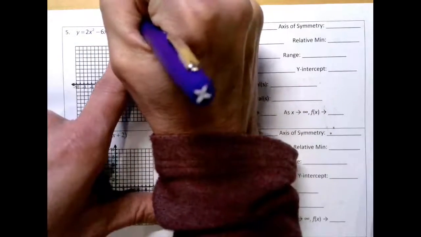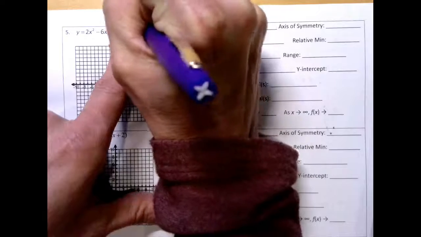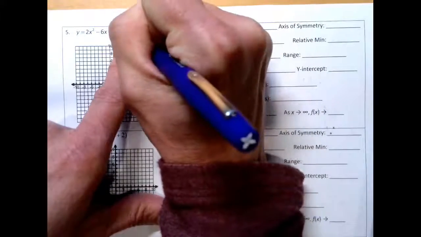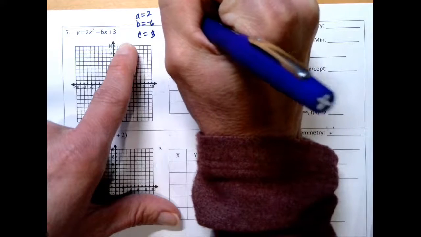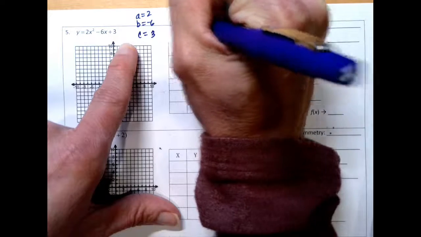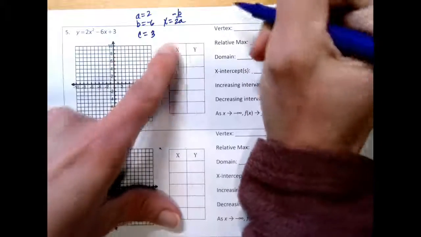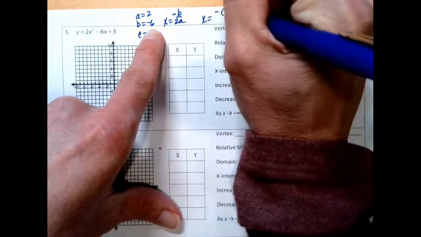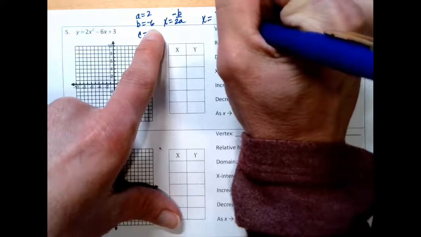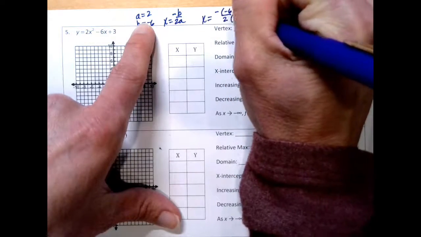So if I have an A value of 2, a B value of negative 6, and a C value of 3, my vertex is equal to negative B over 2A, my x coordinate, or my x value. So x is equal to the opposite of negative 6 over 2 times A, which is 2.